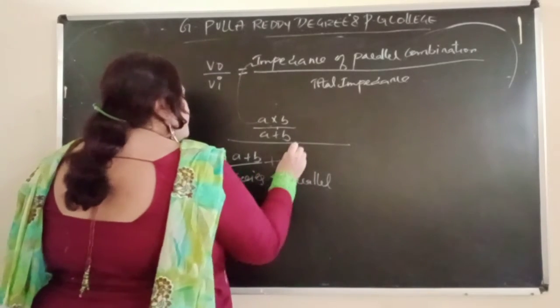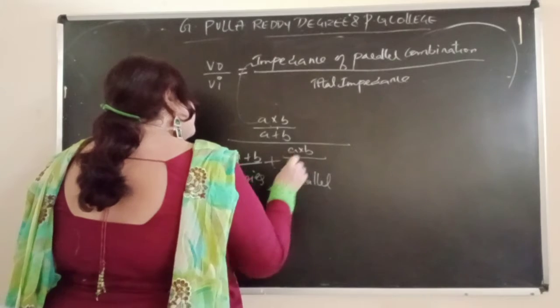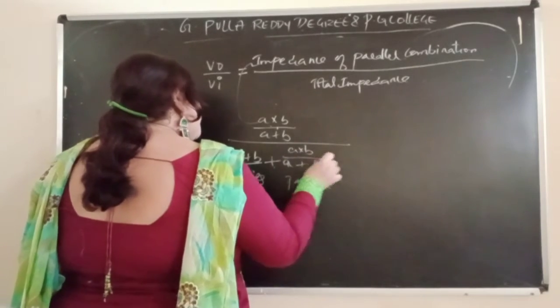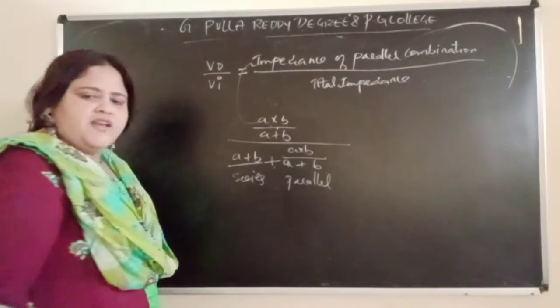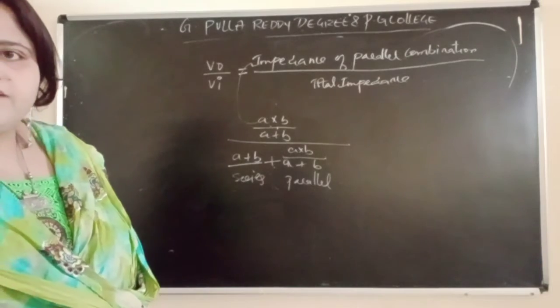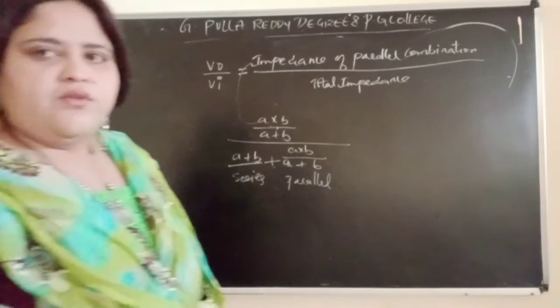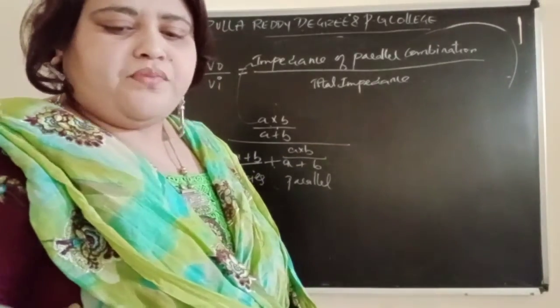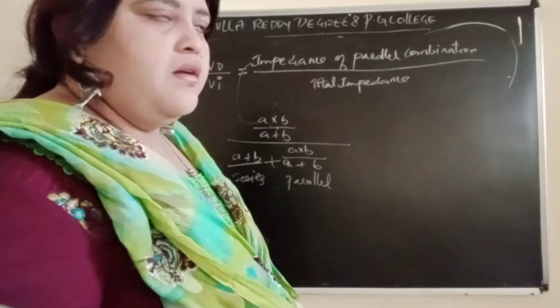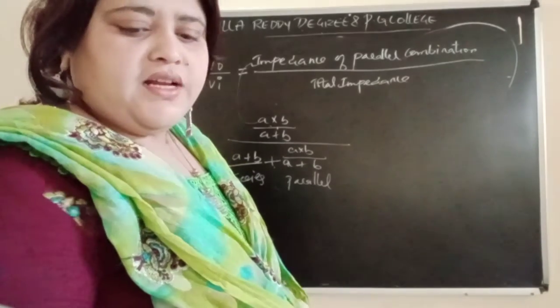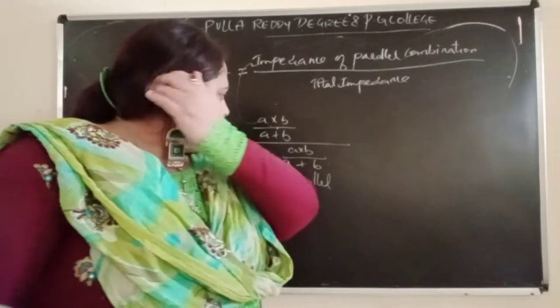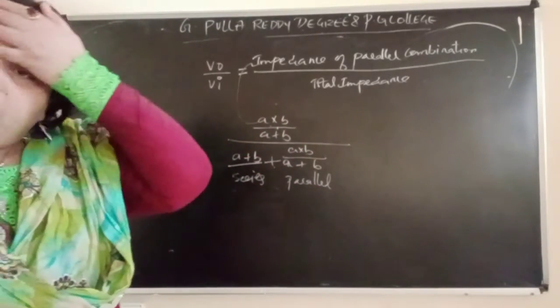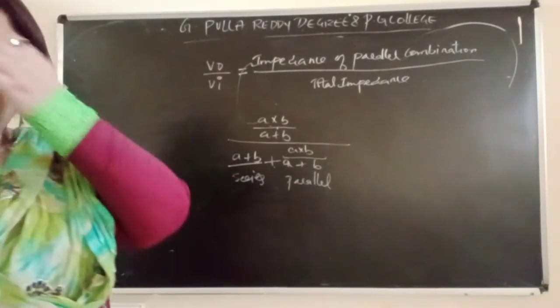Parallel combination means A into B by A plus B. So this is your formula for series and parallel combination. Total impedance you are writing here.